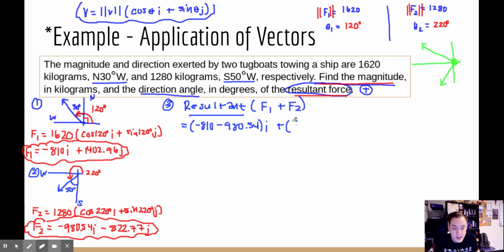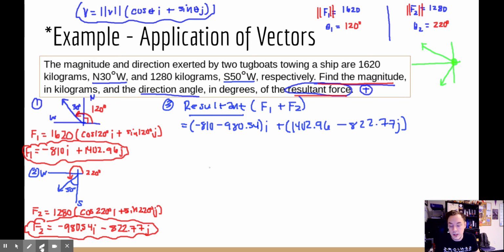This is going to be 1402.96 minus 822.77J. I know it's really crappy handwriting here. I'm really sorry. It's being really slow. But I'm going to do all that.